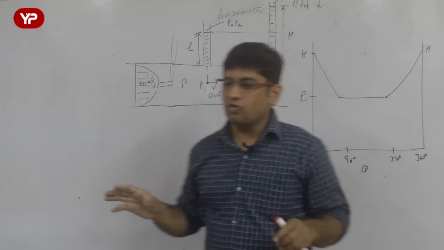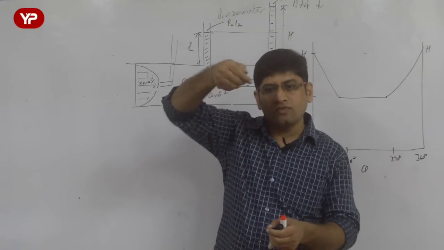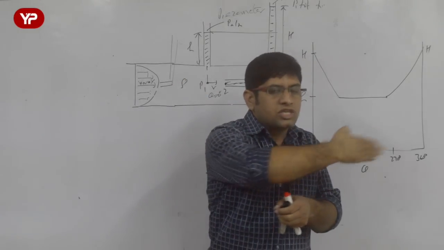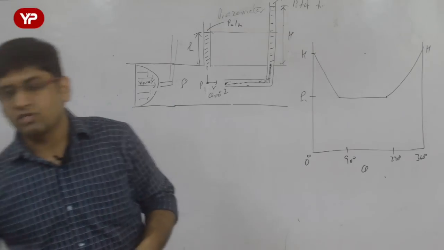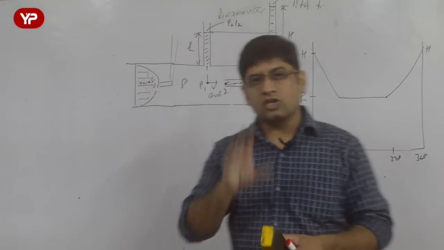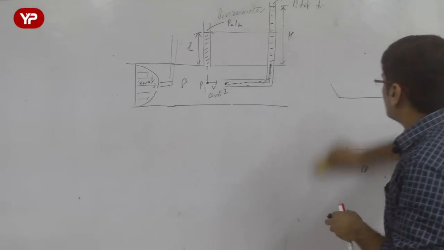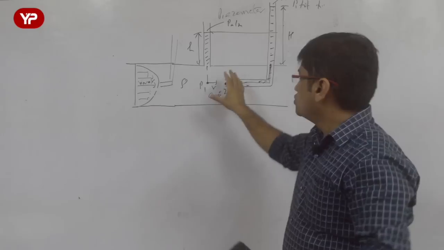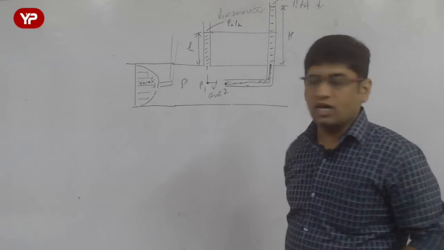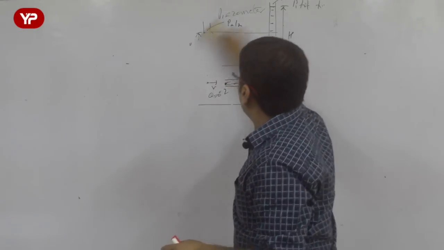So the variations of the pitot tube are when you raise it, when you lower it, or when you change the angle. These are the two variations he is going to ask you. One is used to find the velocity profile, another is used to understand the variation with angle. Now this is the pitot tube.